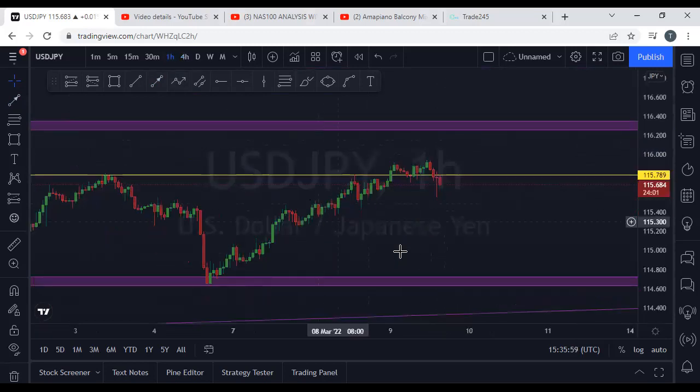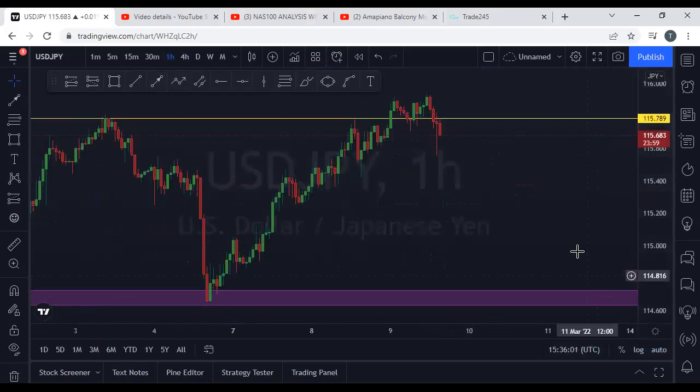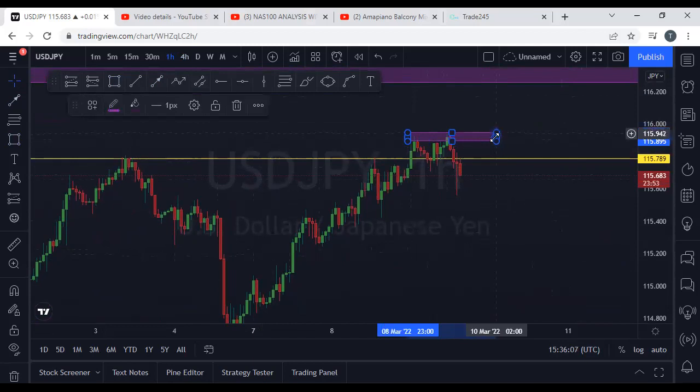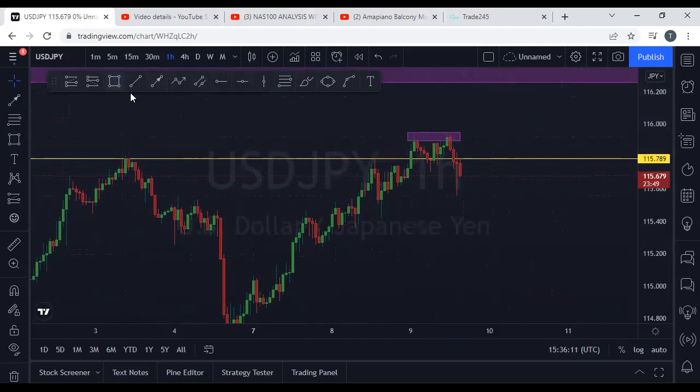On our 1 hour time frame, what does it confirm? It confirms a sell. Why? Because the market has given us a double top in here and obviously broke a broken neckline. If you don't know about these patterns, you can visit our Telegram channel.